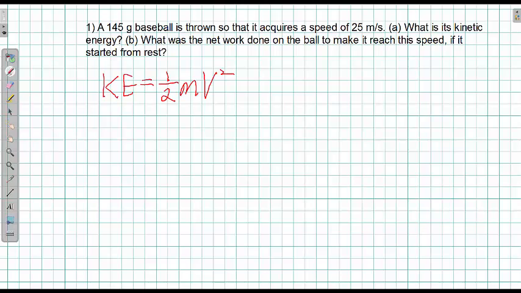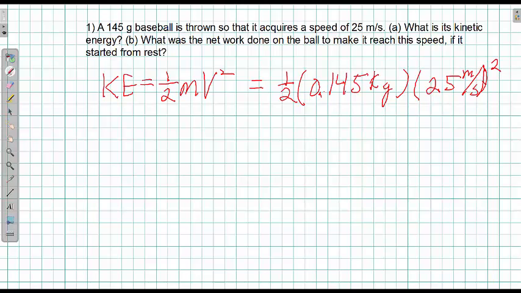So let's plug that in: 1/2 times 0.145 kilograms. Remember, we need to use SI units, so we need to use kilograms there, times our 25 meters per second squared. If we pull our calculator out, our kinetic energy is simply 45 joules.